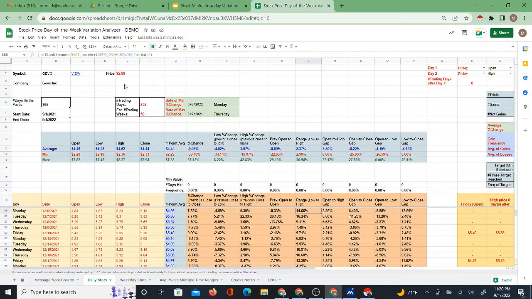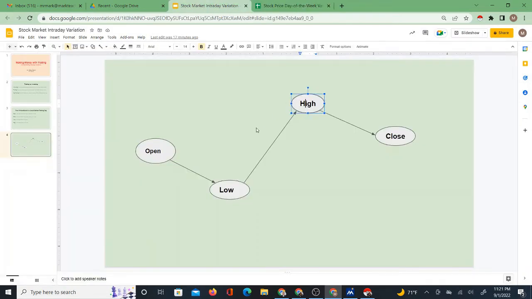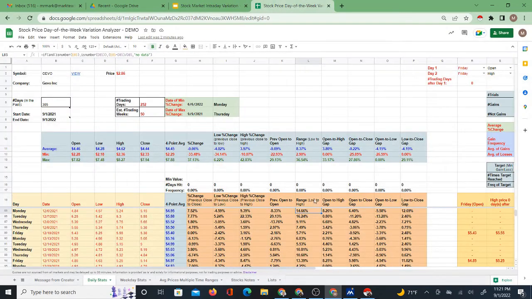So this is how this Google Sheet is going to help you. You can look at a stock and gauge the potential based on the normal intraday variation that exists in the stock, meaning the distance between price points. Even if you look at the numbers of the range, you can see how large these numbers are.